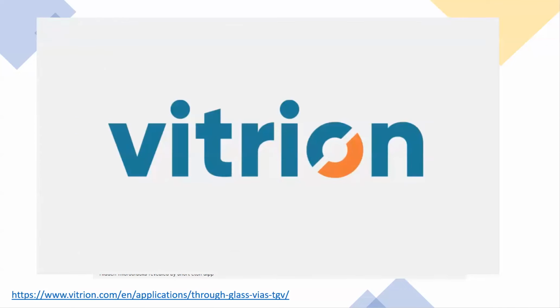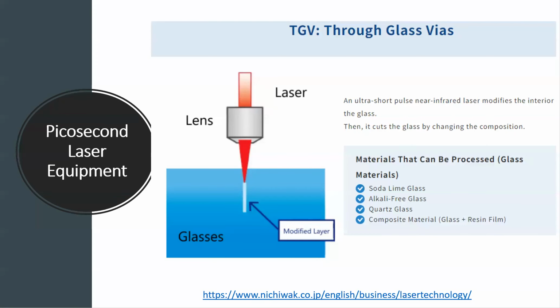All right, so that's what they have. I think it's a good introduction for us to learn something about. Pretty much in a detailed way, if you look at the other vendor, the Nichiwa, Japan, the laser comes out, right? You could come in and modify the material inside. That's what the laser does. And what kind of laser do they use? Right now, it's going to picosecond lasers, not femto.